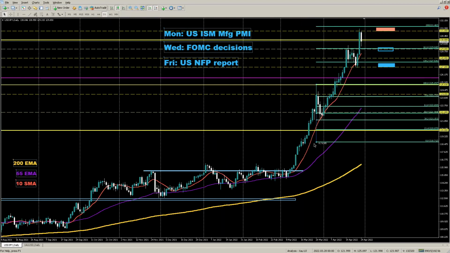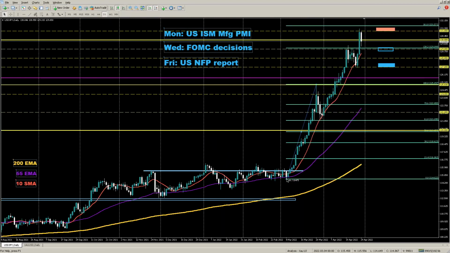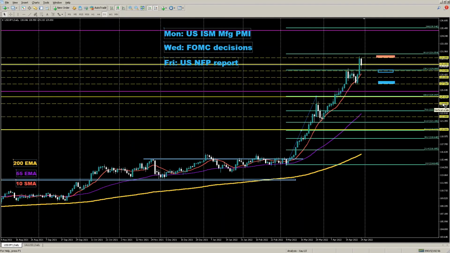If we do take a continuation move here, it could go all the way back up to that high. That's where the 200 FIB extension is.